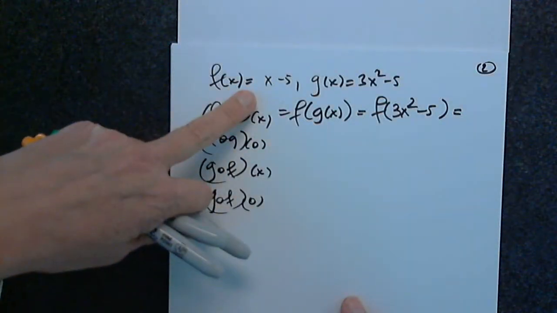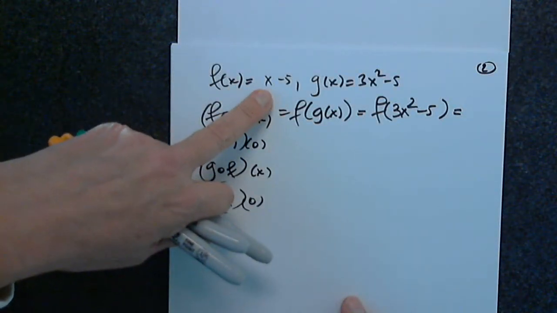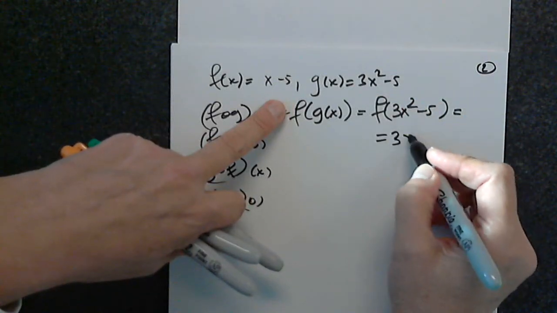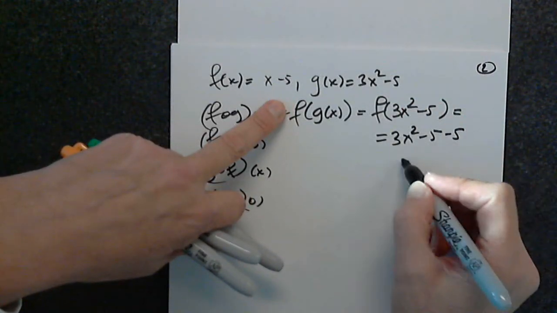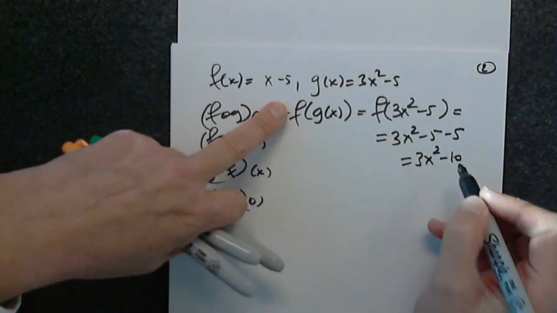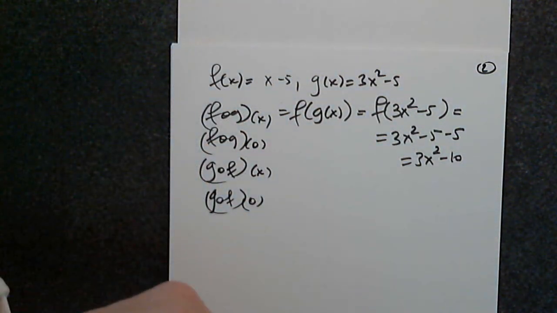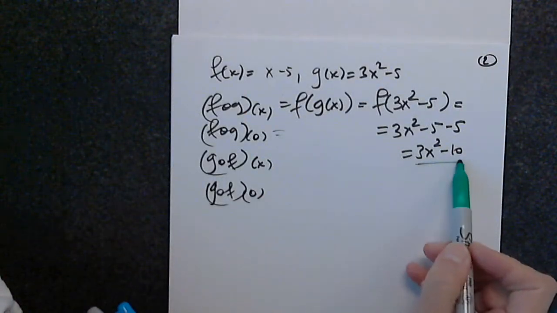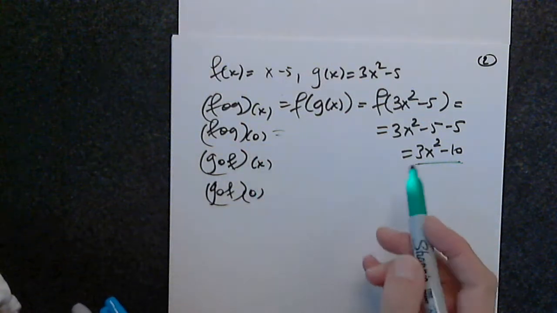And then I will look at f that says whatever minus 5. And this is my whatever now. So then I have 3x squared minus 5, and this is 3x squared minus 10. And that would be it. Since I have the function, I'm going to plug in 0, and I get negative 10.